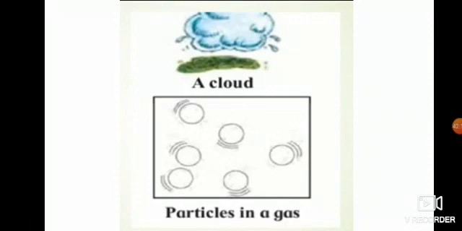Okay. Now, we will talk about the gaseous state. Which picture can you see? Cloud. Okay. Now, you will be thinking, arey, a cloud. But as you can see, over there is a cloud. Correct? And cloud is made up of water vapor. Clouds are made up of water vapors. So, these water vapors are present in the gaseous state.